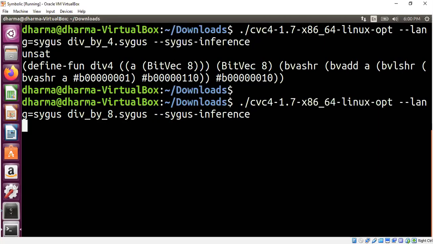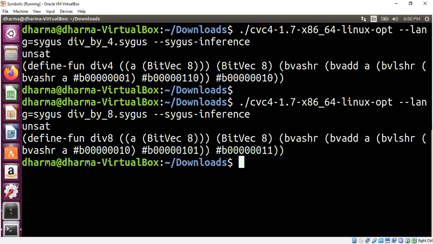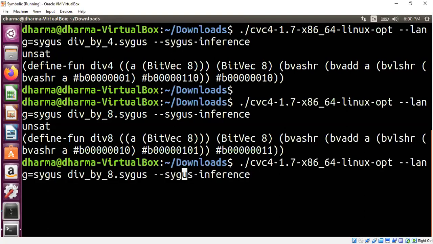So it's easy to see the structure overall, and very quickly we can generalize it. This is now working on division by 8, which means 2 power 3. Then I will show you division by 16. Okay, so we got division by 8 done. Let's look at division by 16.